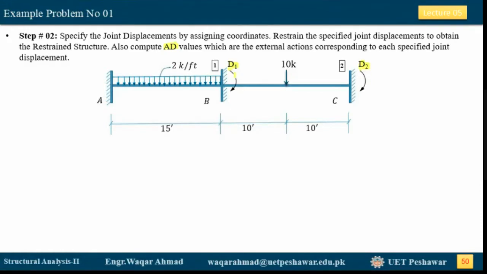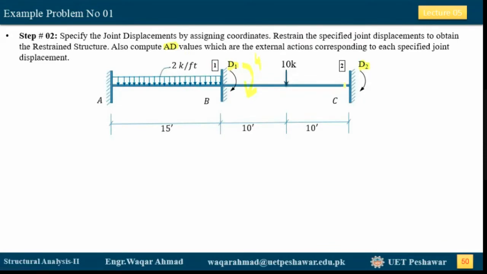For example, if we are told that there is a moment of, let's say, 4 kip-feet applied at this support B as an external moment, then we are going to take this value of 4 kip-feet as the AD1 value.